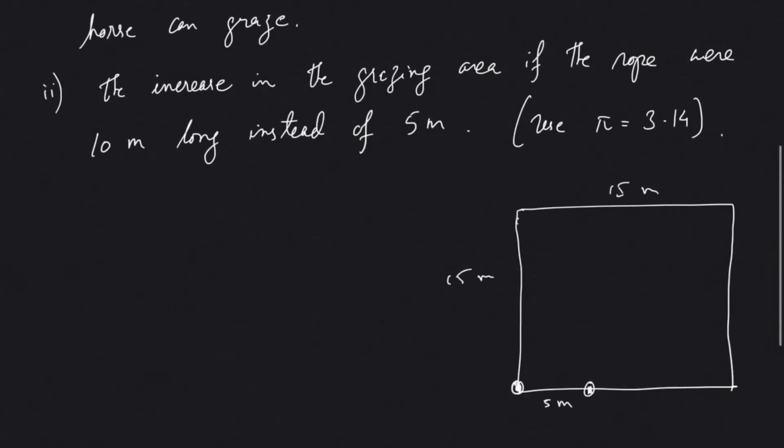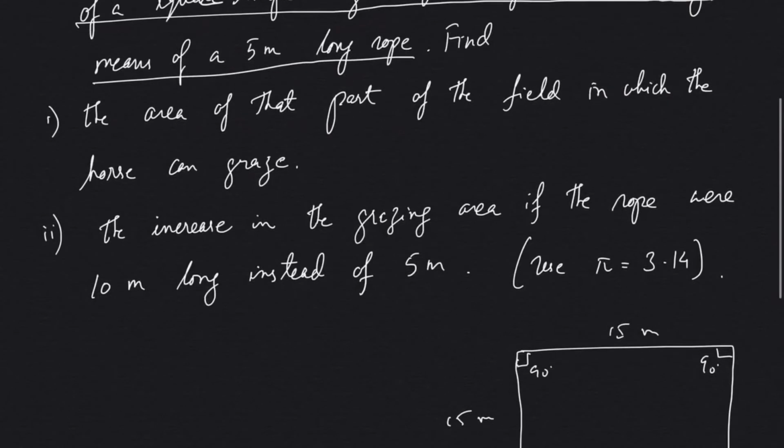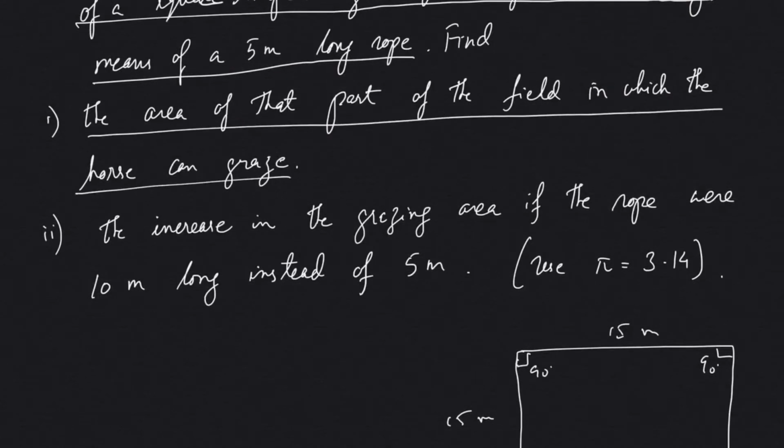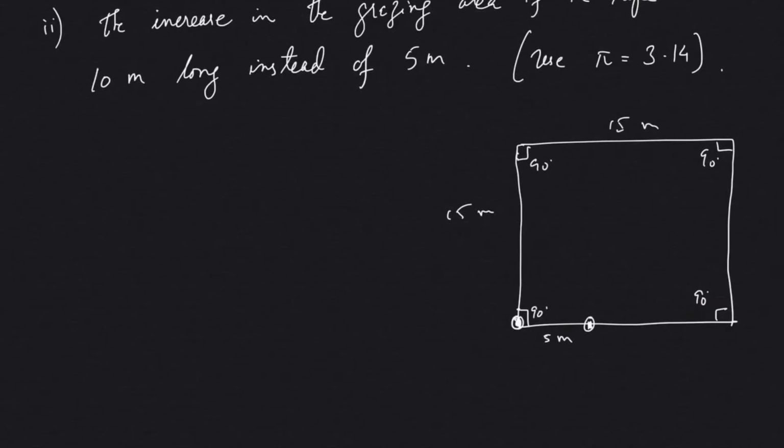Now the first thing that comes to our mind is that a square field tells us that the vertex angles of a square are always 90 degree each. So that's one thing we should always remember before we start the problem. Now the question is, find the area of that part of the field in which the horse can graze, the maximum area.